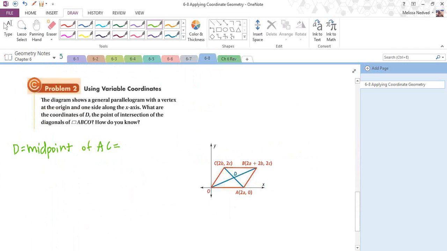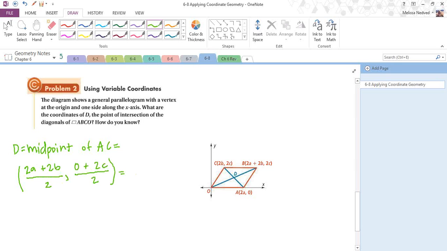And just remember your midpoint formula, if you need to go back to section 7 to review. So A has an x-coordinate of 2A, plus C has an x-coordinate of 2B, all divided by 2. A has a y-coordinate of 0, plus C has a y-coordinate of 2C, all divided by 2.